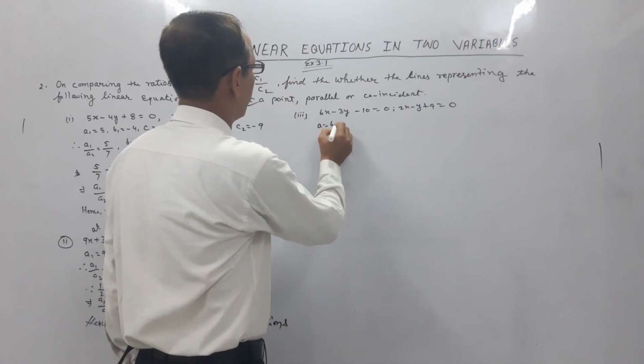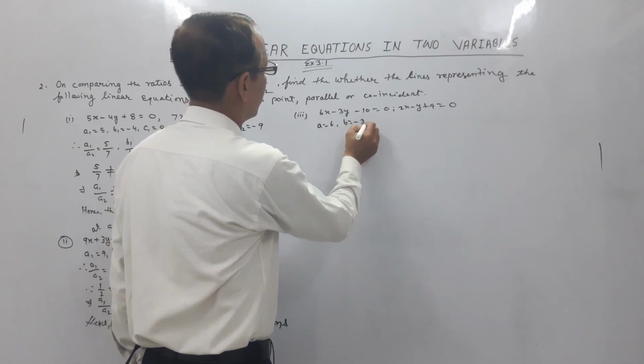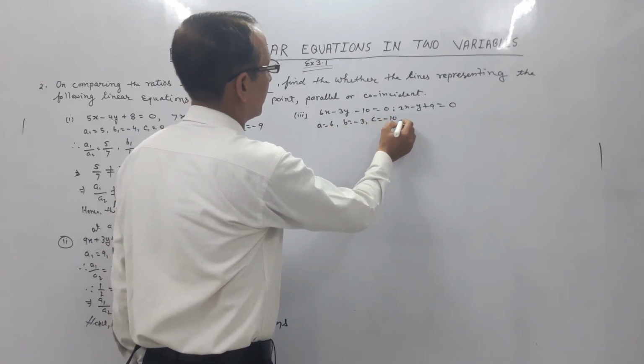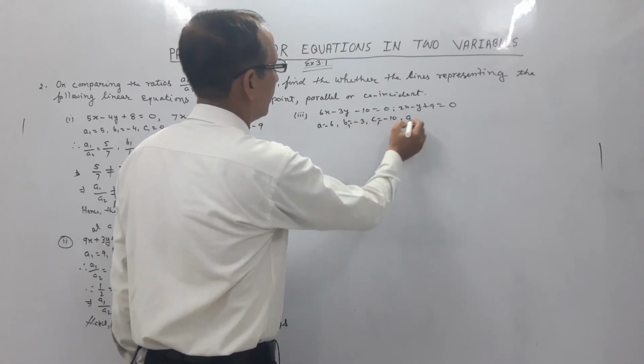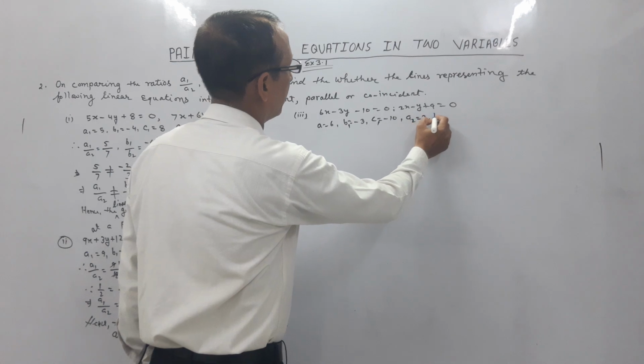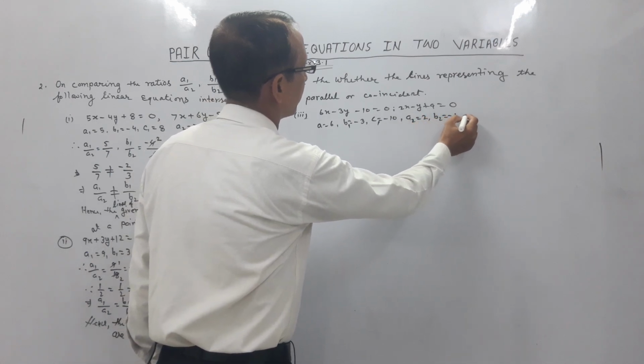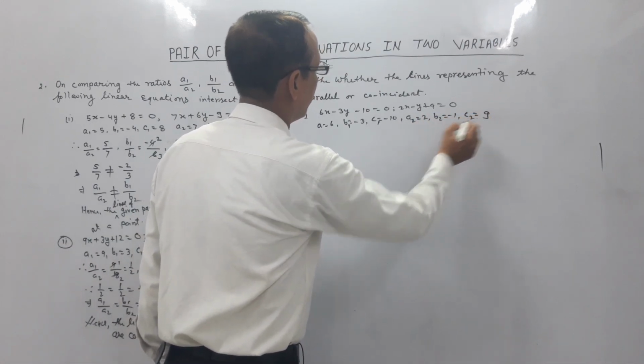So a1 equal to 6, b1 equal to minus 3, c1 equal to minus 10, a2 equal to 2, b2 equal to minus 1, and c2 equal to 9.